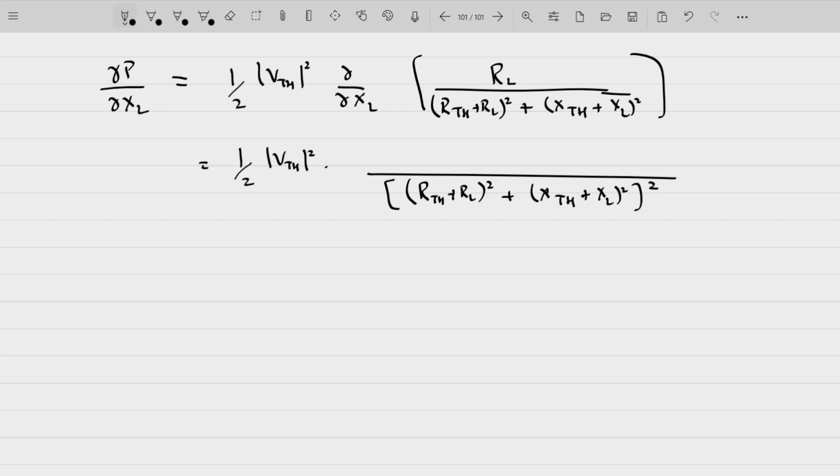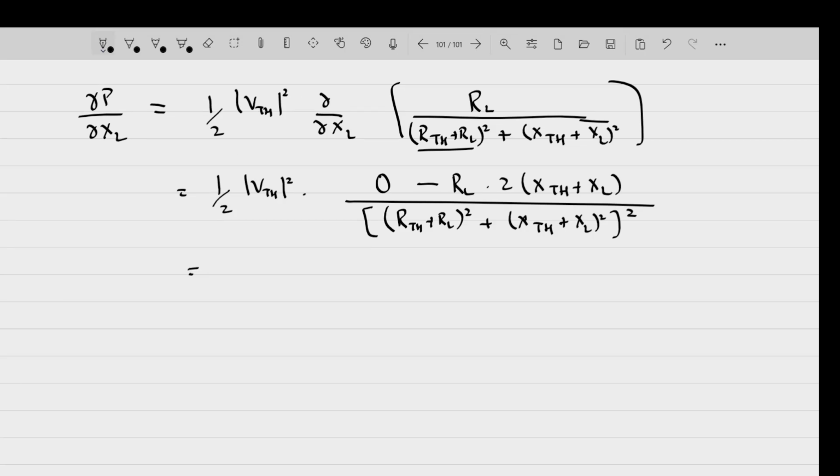It's again differentiation of u by v. Differentiation of RL with respect to XL will be 0, minus differentiation of the denominator, the differentiation of (XTH plus XL) square with respect to XL. This one becomes 0, and this one becomes 2 (XTH plus XL).